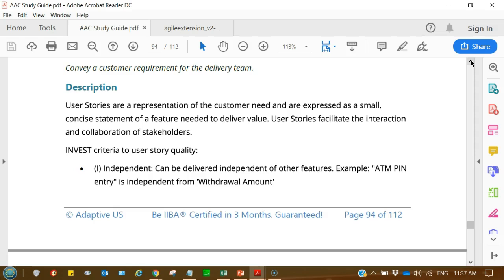Everybody has their planning poker cards that all have the same numbers on them. But there is not a broad definition that says this is what a one is. It's up to the team to say only that a one is smaller than a two, which is smaller than a three, which is smaller than a five, which is smaller than an eight.